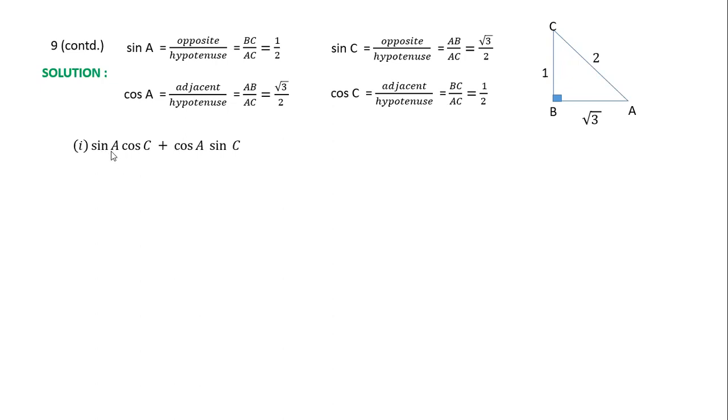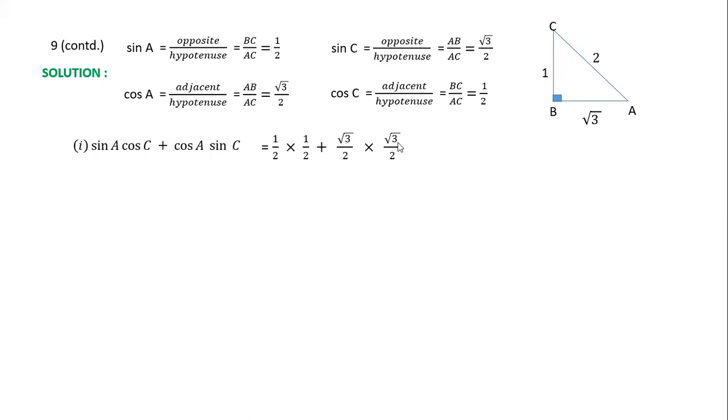Now, sin A cos C plus cos A sin C. Now, what is sin A? 1 by 2. Cos C is 1 by 2. So let's put the values. 1 by 2 into 1 by 2 plus cos A root 3 by 2 into sin C root 3 by 2. 1 1s are 1, 2 2s are 4.